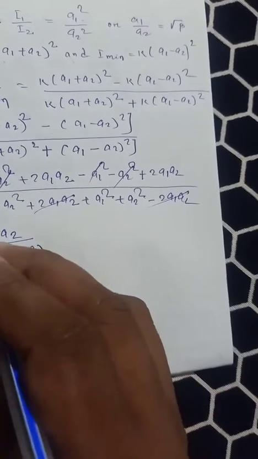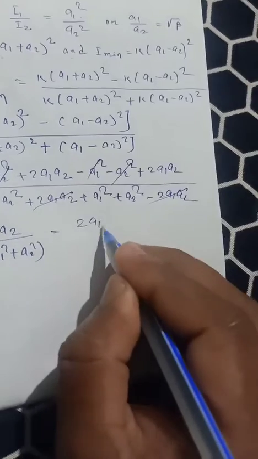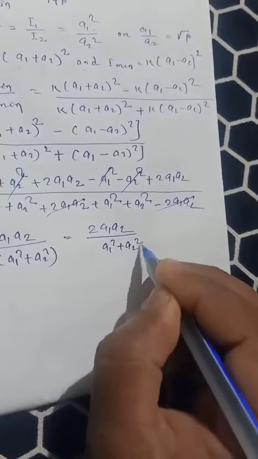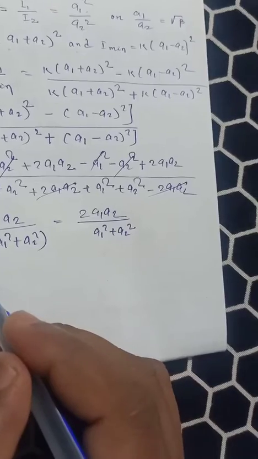The 2 will cancel, giving 2A1A2 divided by A1 square plus A2 square.